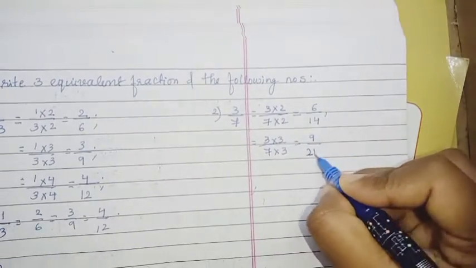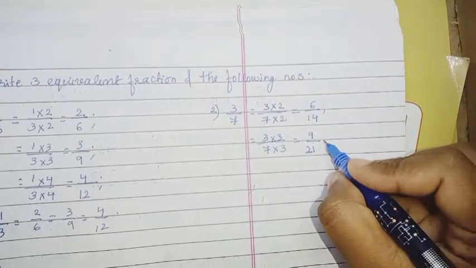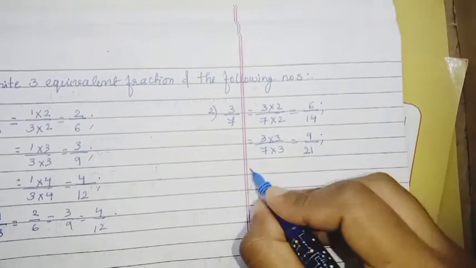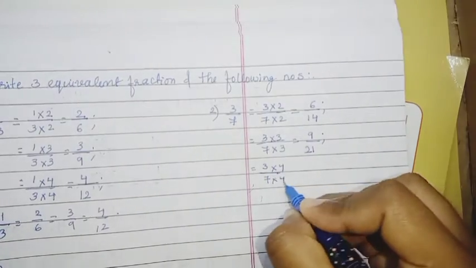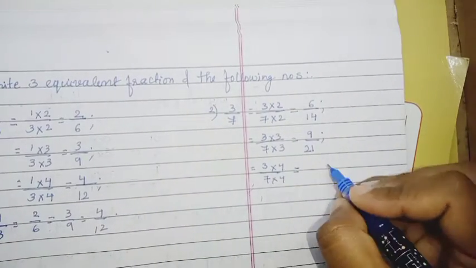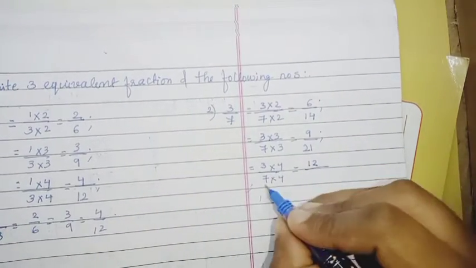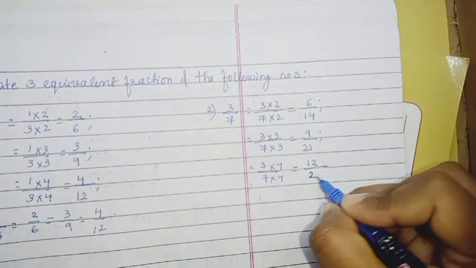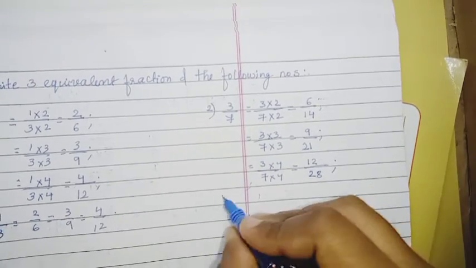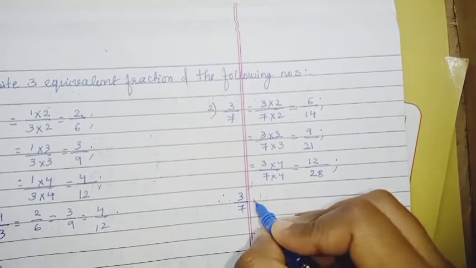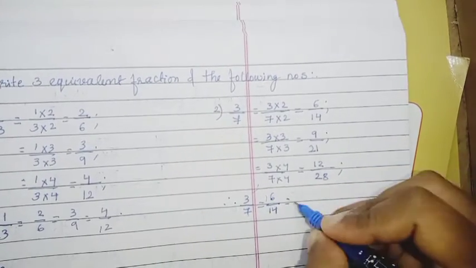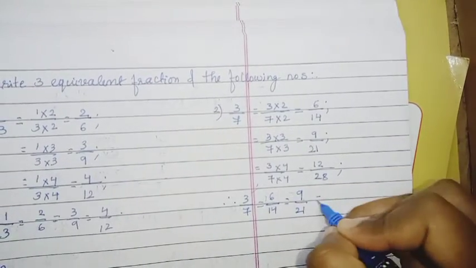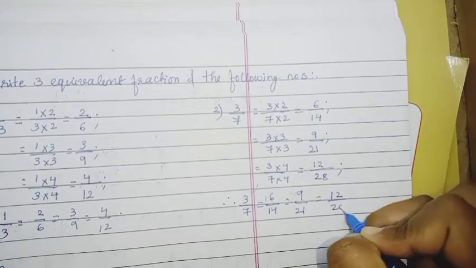It's 21. Then again 3 by 7, I am multiplying by 4. 4 3s are 12, 7 4s are 28. Okay. So therefore 3 by 7 is equal to 6 by 14, which is equal to 9 by 21, which is equal to 12 by 28.